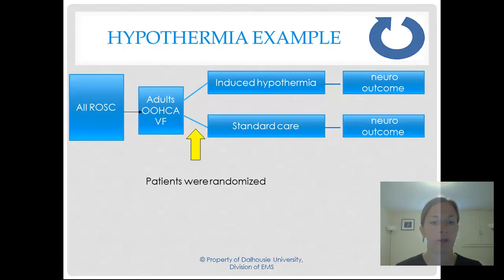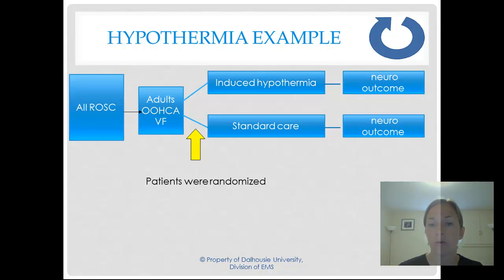So for example, here is a hypothermia situation, so all patients with return of spontaneous circulation. In this particular study example here, we used a subgroup of those patients. We only wanted adults who had suffered out-of-hospital cardiac arrest with a VF rhythm.